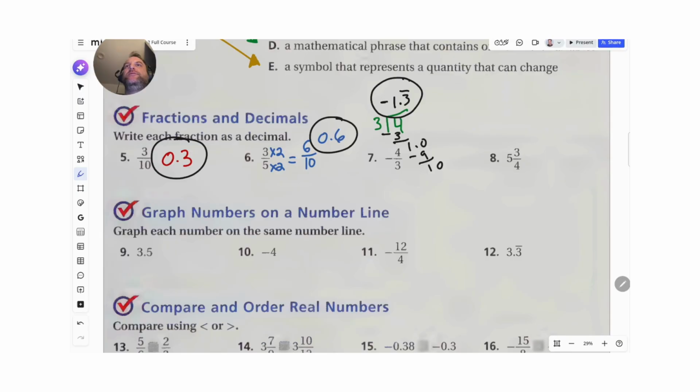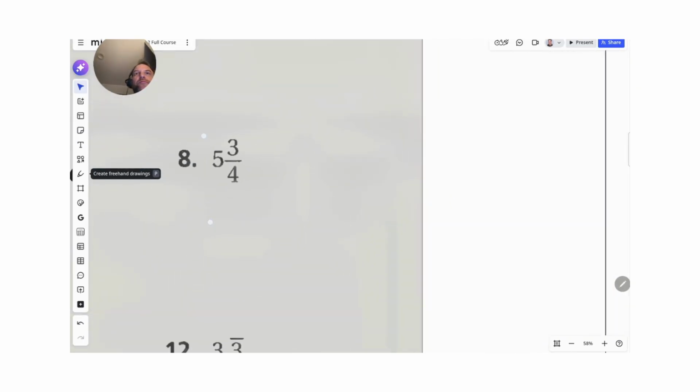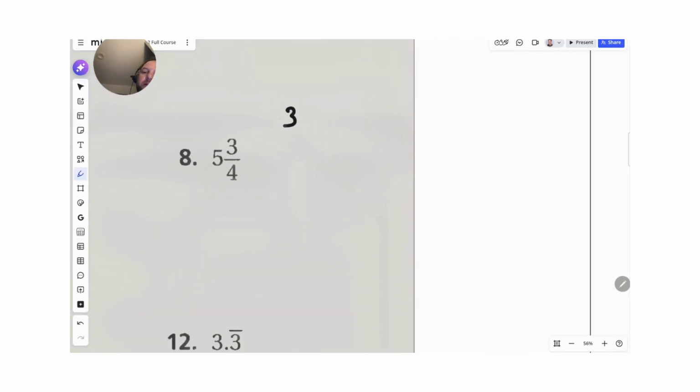We are going to convert that fraction part separately. Then we can add the whole number. So what is 3 divided by 4? Think of quarters. 75 cents, right? 0.75.